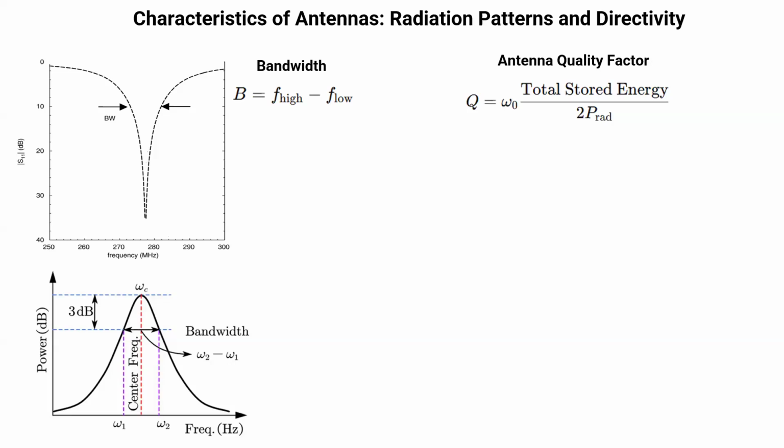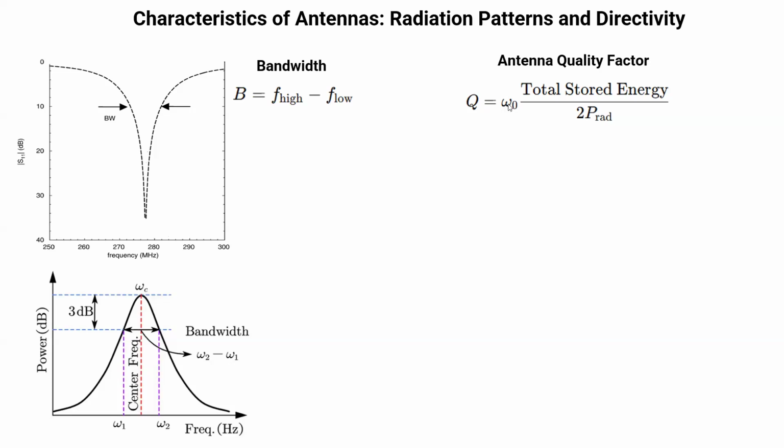At the same time, the bandwidth is closely connected to the antenna quality factor. Okay, so by definition, quality factor is the ratio of the stored energy to the radiated energy. The larger the stored energy, the larger the quality factor.